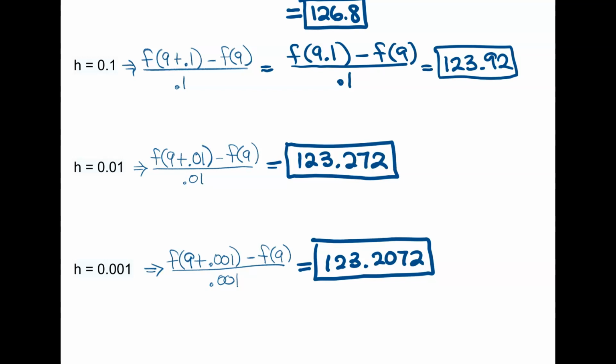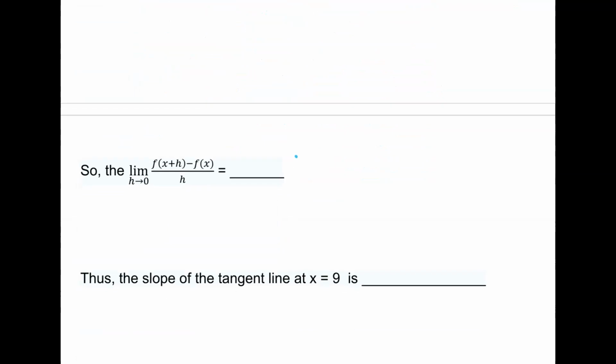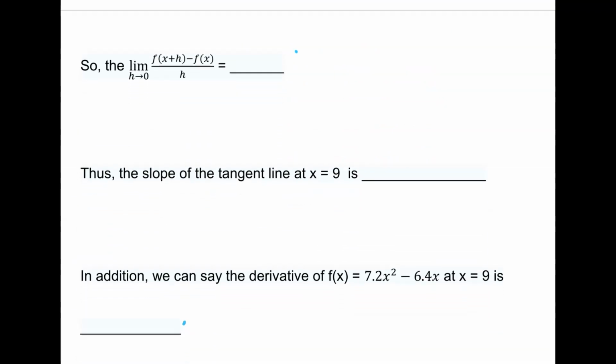Now, concept-wise, what does this all mean? Here's what we've done. We took our difference quotient and let the h value get close to 0. What we got was the approximate slope of our tangent line, which came out to 123.2072.